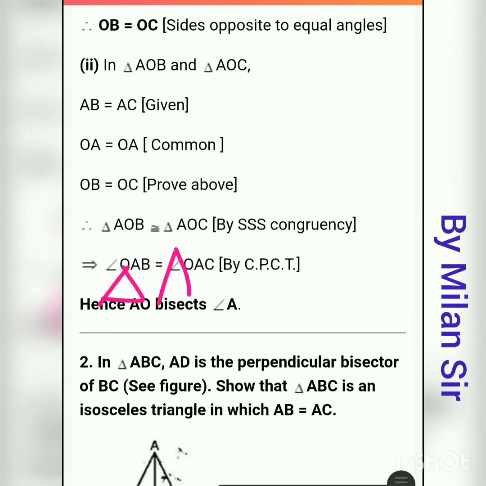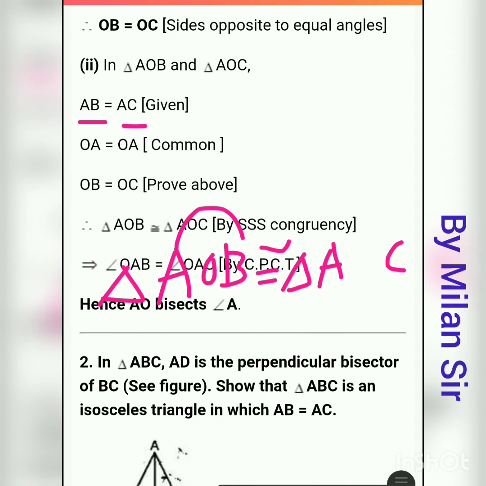First of all, write AOB, congruent to triangle. Now AB equals AC: A and B are in the first and third position, so first and third position gives AC. Now second thing, OA: first and second gives OA. So AOC. Now check the third thing: OB equals OC.